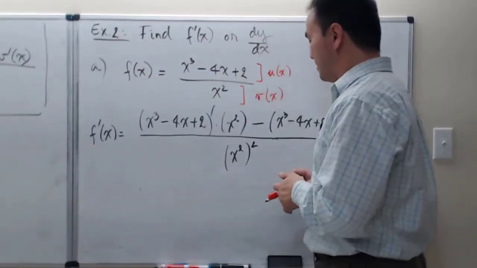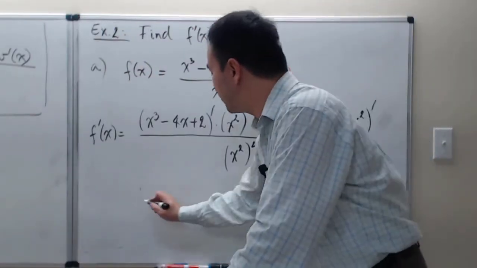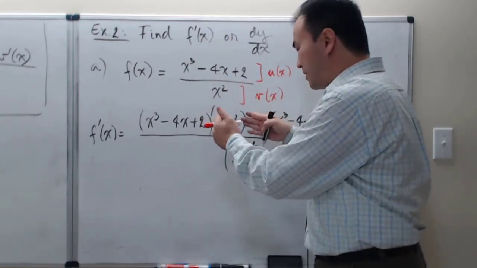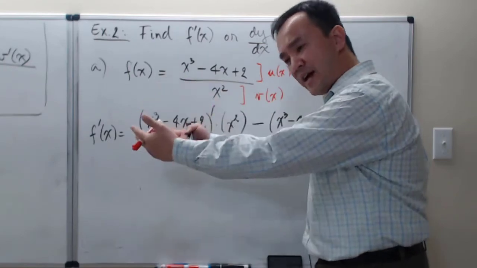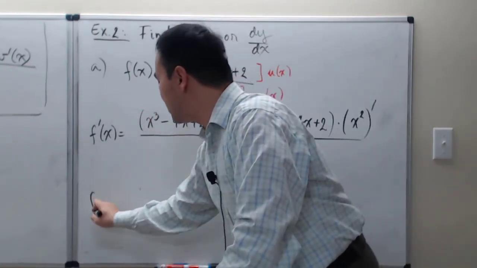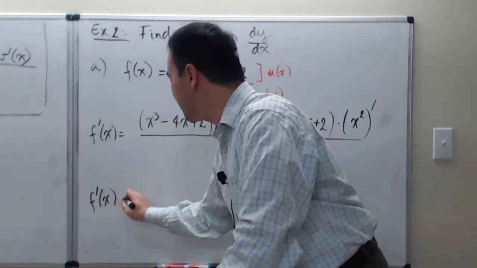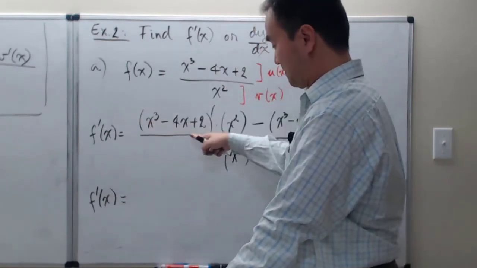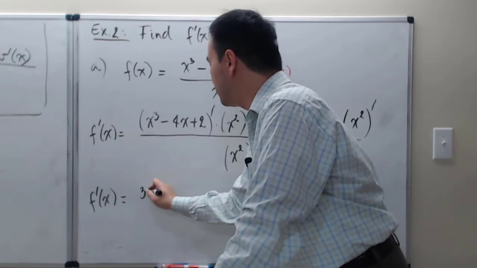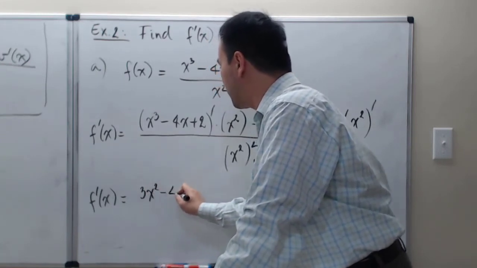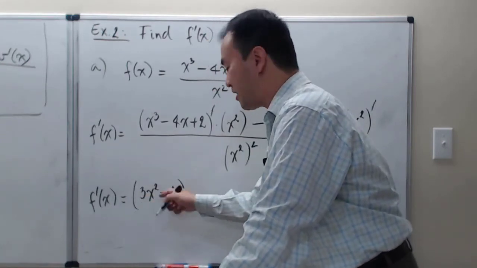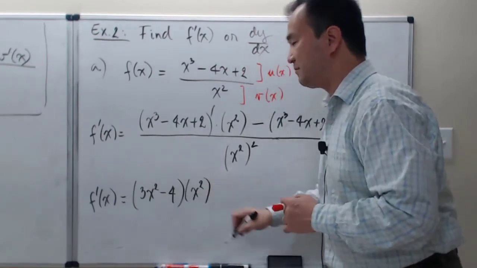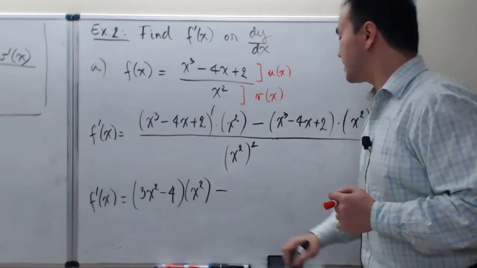So now continuing into the next step, because so far this is only the introduction, an indication of what to do next. But now the actual derivative: the derivative of this u function is going to be 3x squared minus 4. But that's u prime, and I need to multiply with x squared. And I am going to subtract.